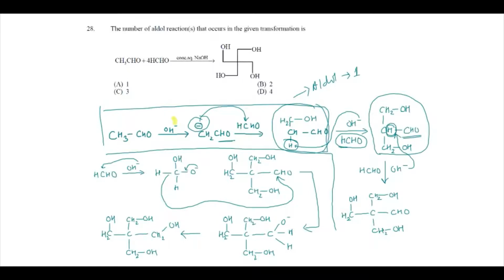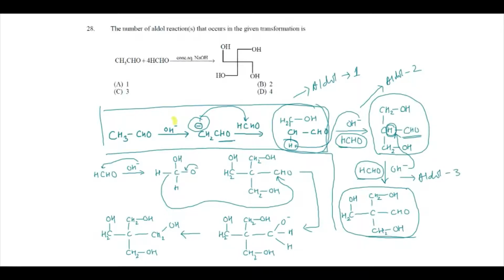Similar to the previous case, the newly formed carbanion is going to react with the formaldehyde and give you this one. So, up to this step, there were 3 aldol condensations. One was this one, then here is the second aldol step, and then here is the third aldol step.